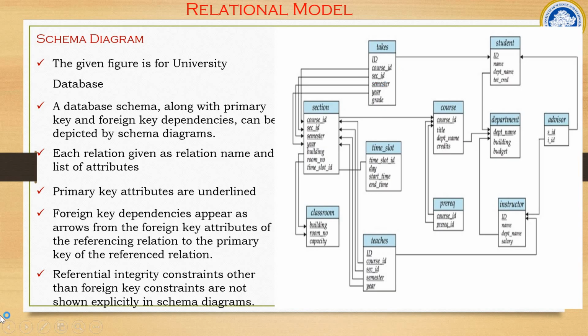The foreign key dependencies appear as arrow marks. The foreign key attribute of the referencing relation refers to the primary key of the referenced relation. Here, building and room number are the primary key for classroom, and under section, the building and room number refer to it. Like that, the given diagram represents the entire university database.